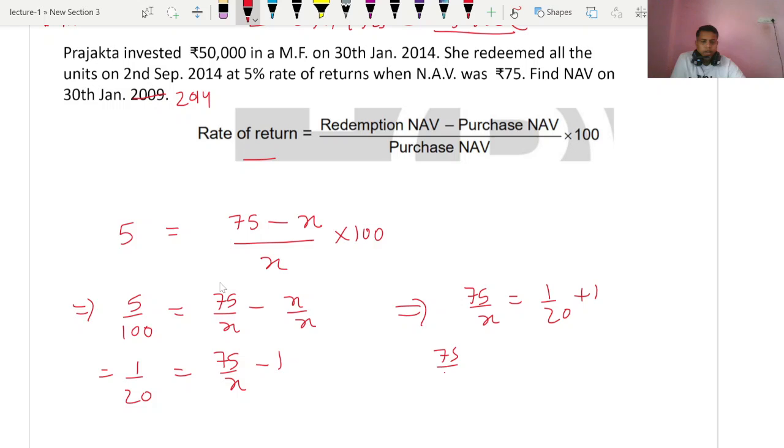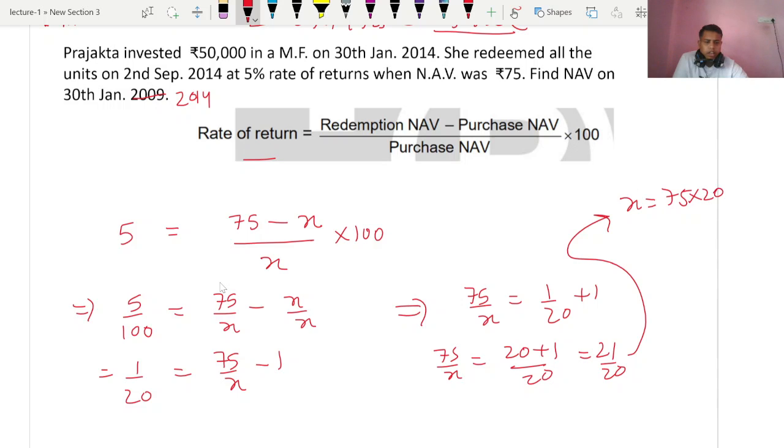So 75 by x is equal to (1 plus 20)/20, which is 21/20. So x is equal to 75 into 20/21, which is 500/7.